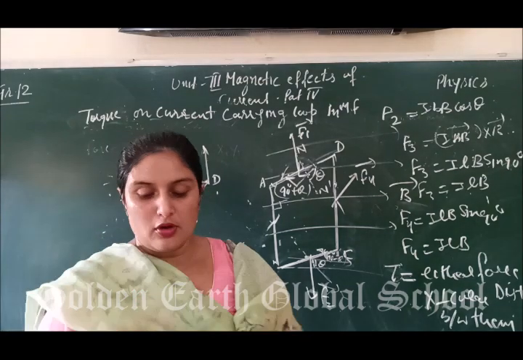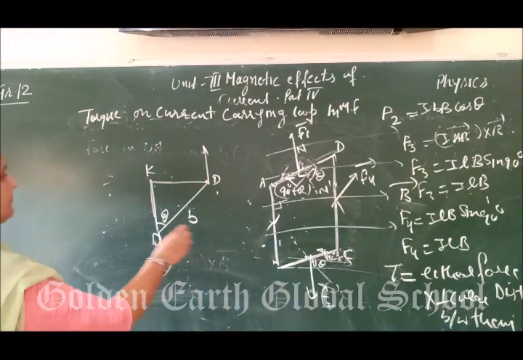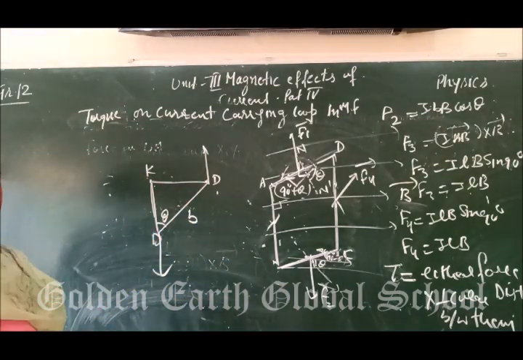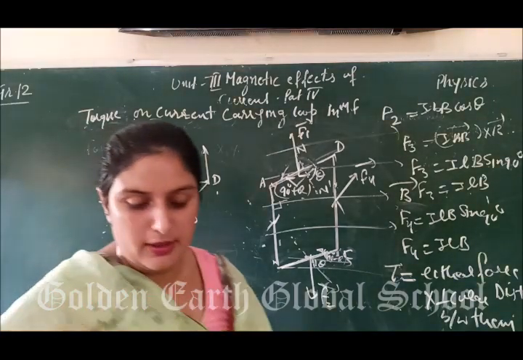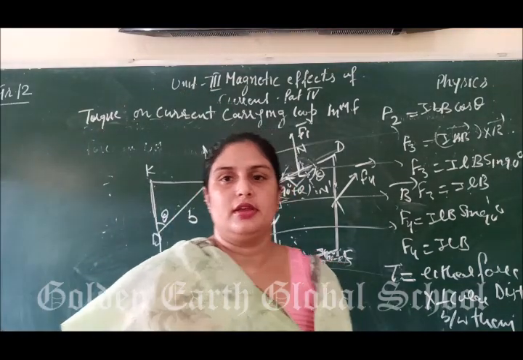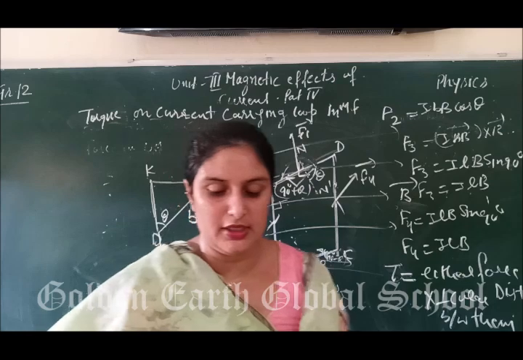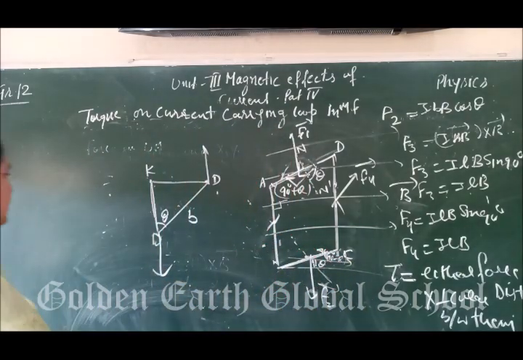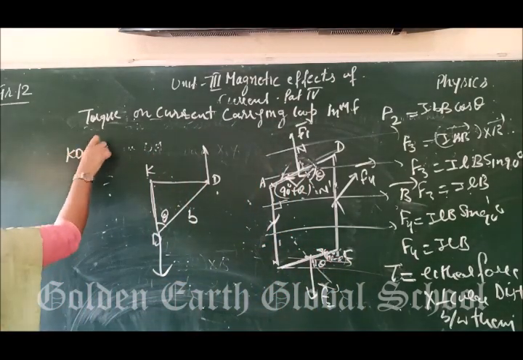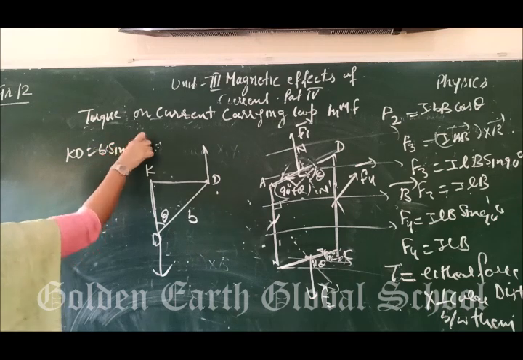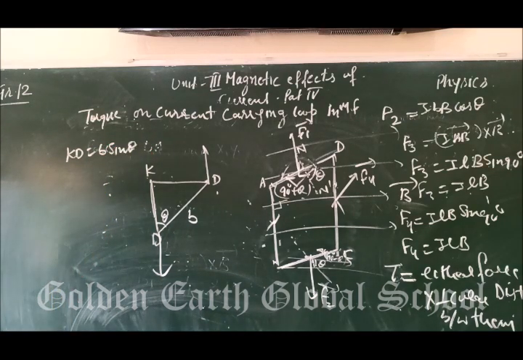Now to find the torque, we are going to use the formula. Now for that, we should know the value of the KD. From this diagram, KD will be equal to B sin theta.